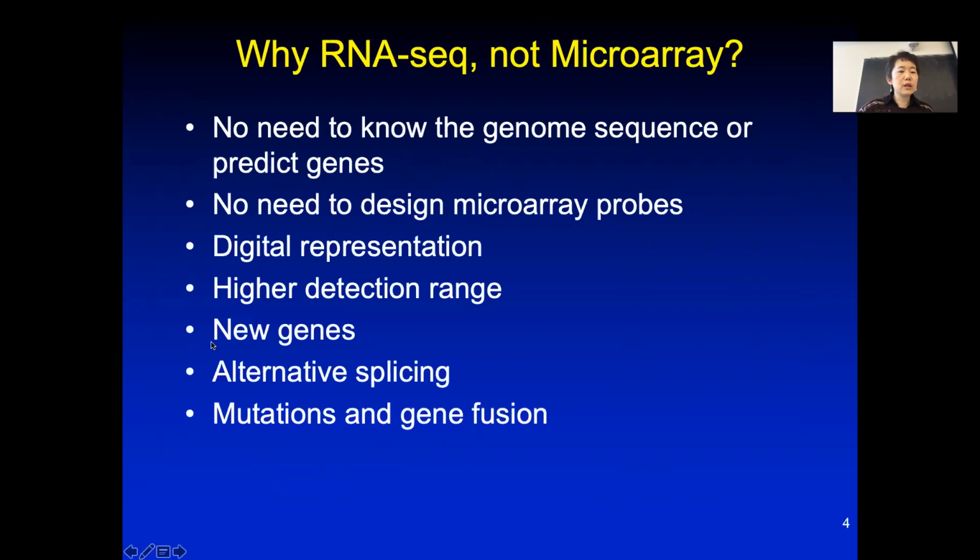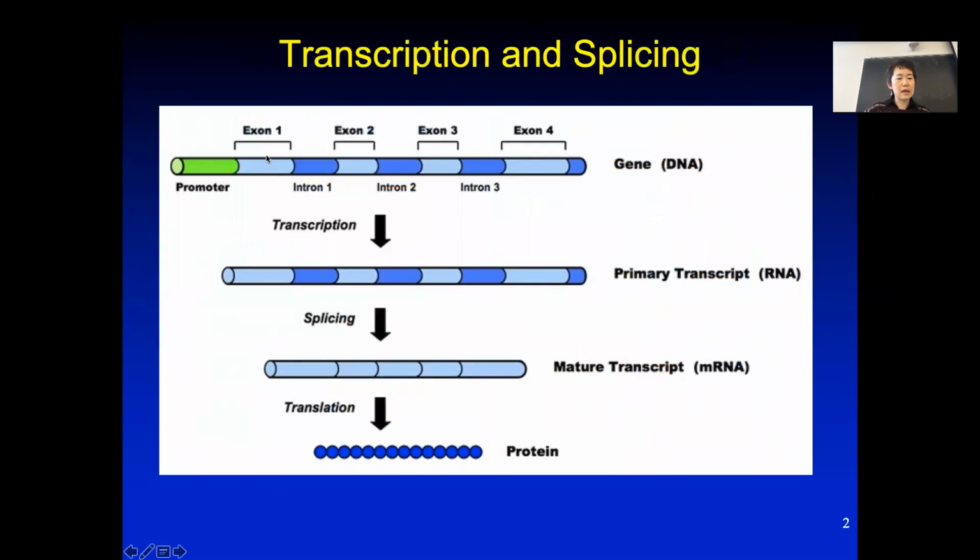We can also use it to identify new genes. Like this alien, you didn't even know what genes they have. So you can use RNA-seq, and everything you see transcribed is probably coming from a gene. You can also use it to look at alternative splicing, which is, for example, we mentioned that for a particular gene, you could have exons and introns and exons and introns.